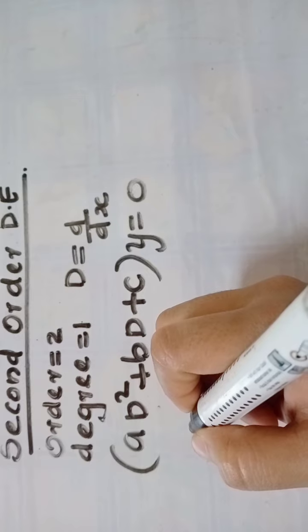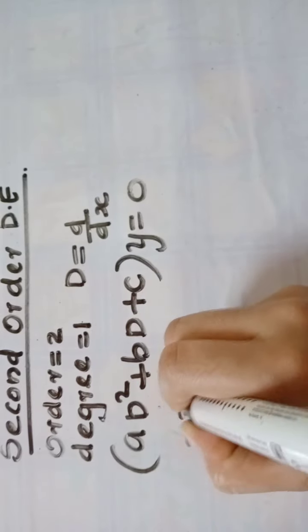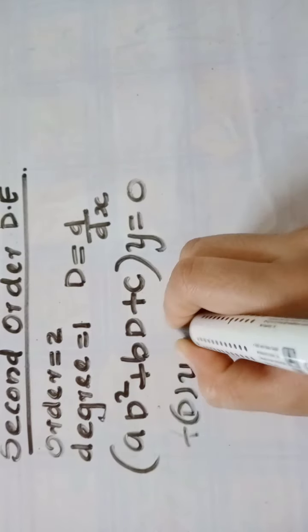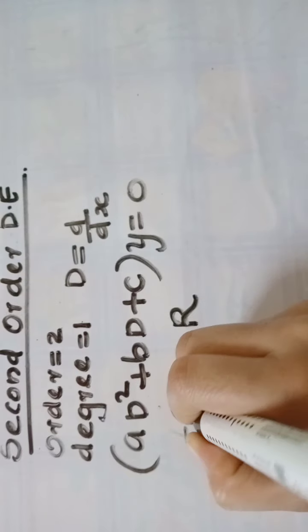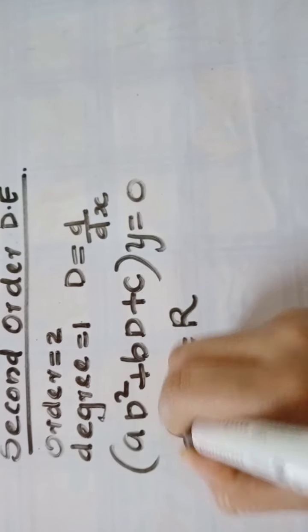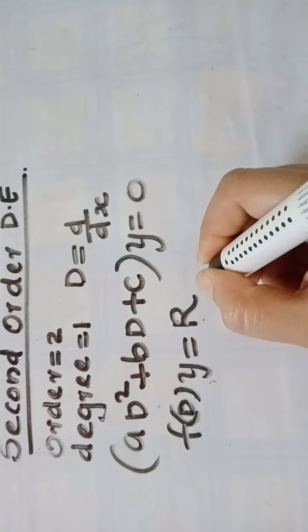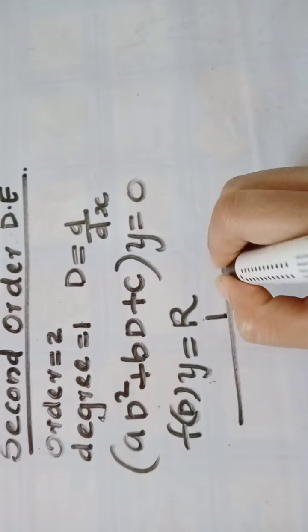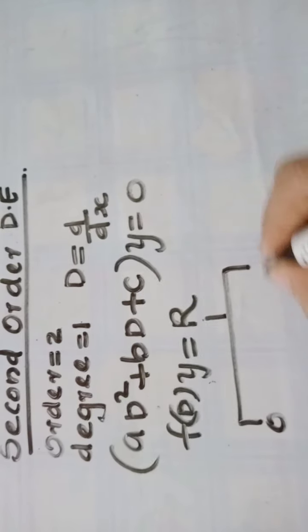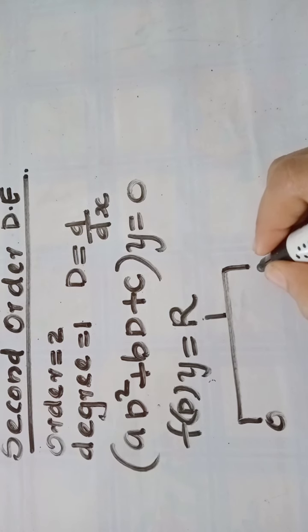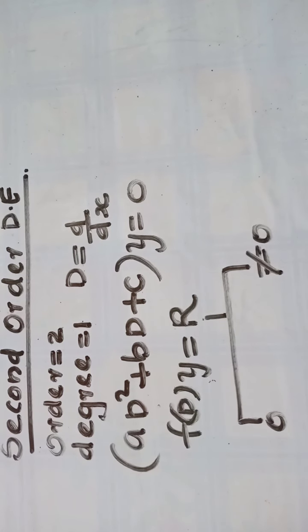And we have two types of equation, that is f(D) y = r, a function of the differential equal to r. This r may be 0 or not equal to 0.